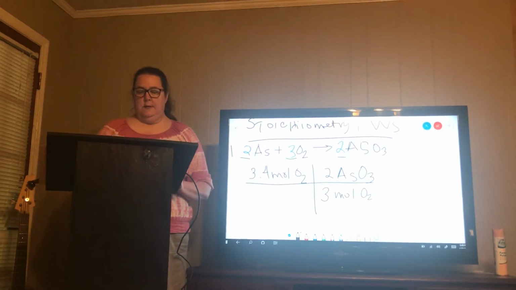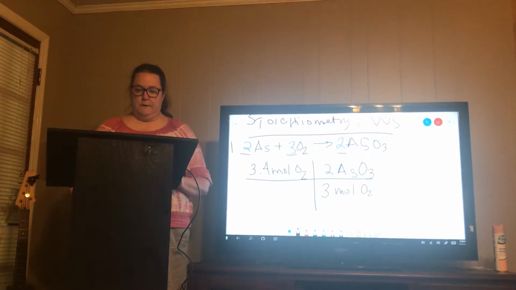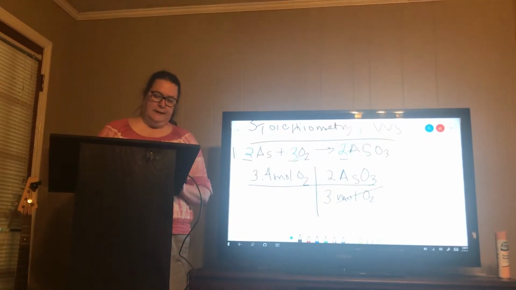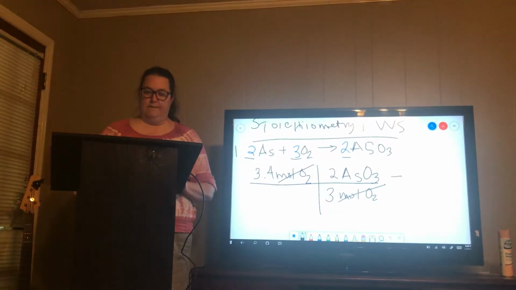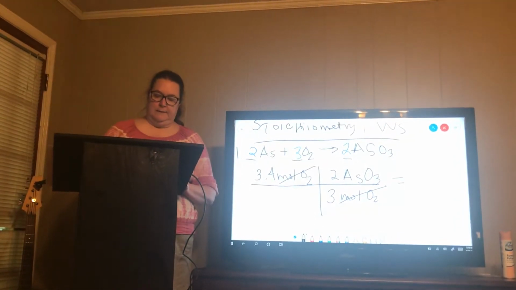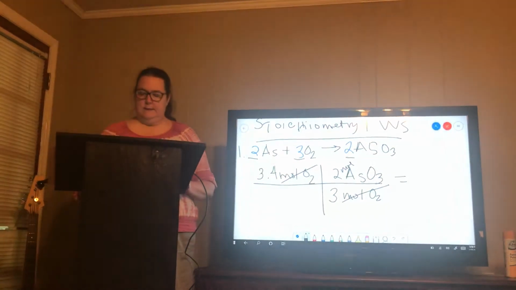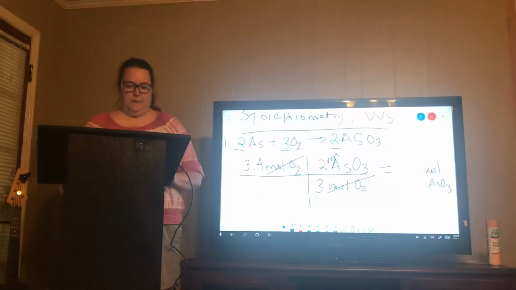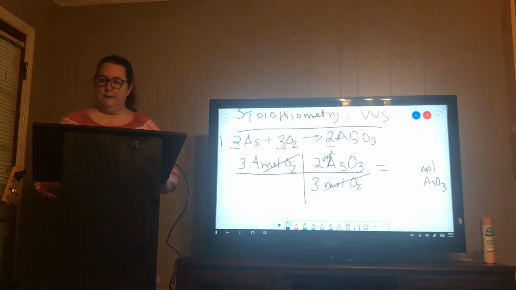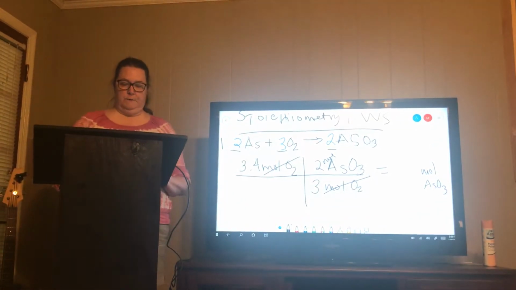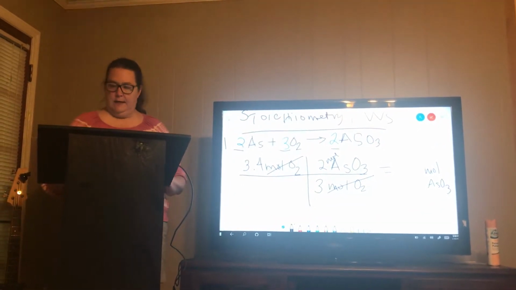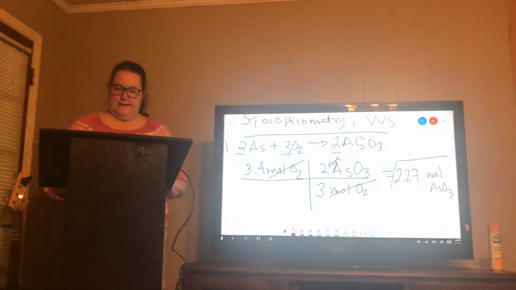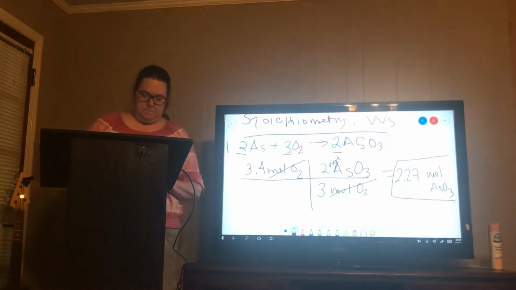So for 2 moles of arsenic trioxide, I need 3 moles of oxygen. So that gets rid of the moles of oxygen. So all I'm left with is moles of arsenic trioxide. And so when I plug and check it in the calculator, so 3.4 times 2 divided by 3, I get 2.27. So that is my answer.